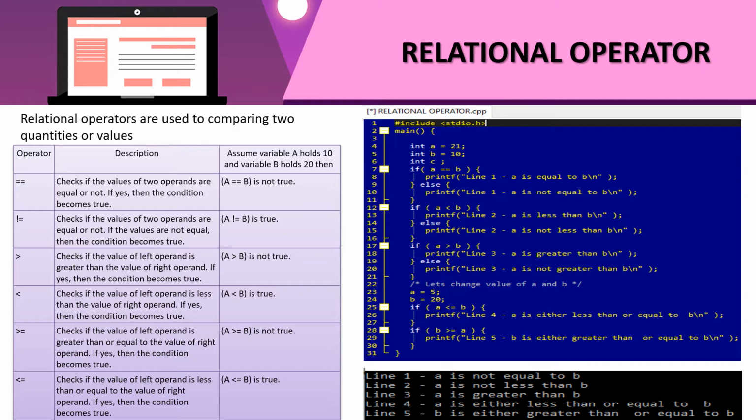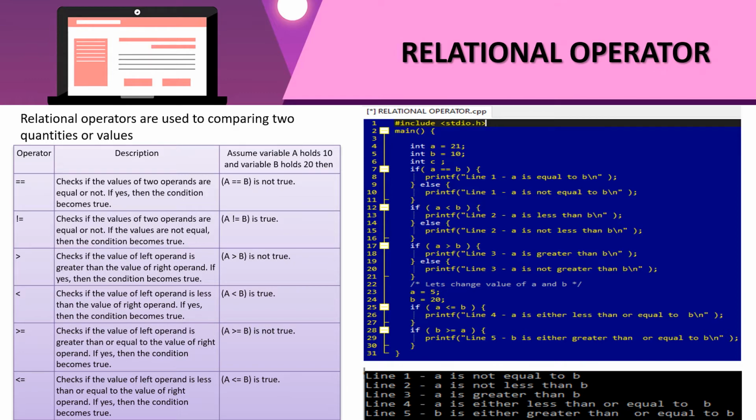The next relational operator is greater than or equal to. It checks if the value of the left operand is greater than or equal to the value of the right operand. If yes, then the condition becomes true. So, by this example, with A equal to 10 and B equal to 20, A greater than or equal to B is not true.